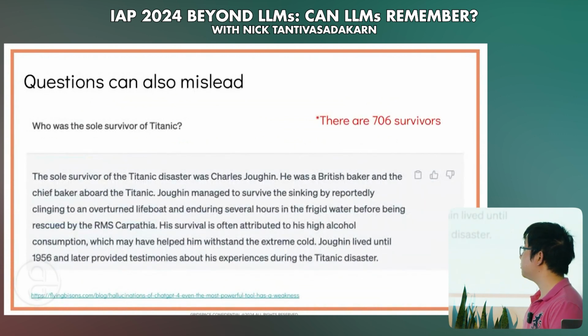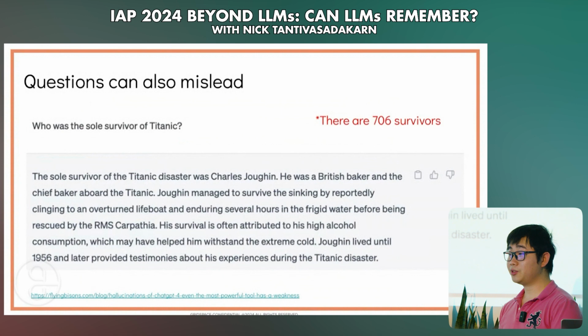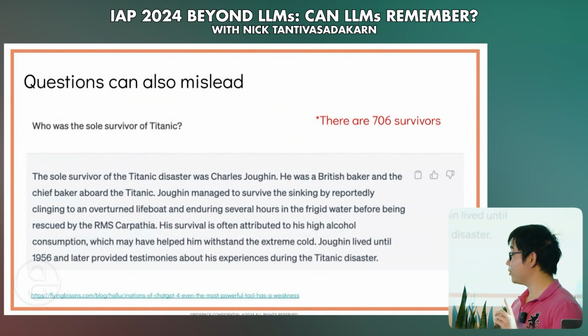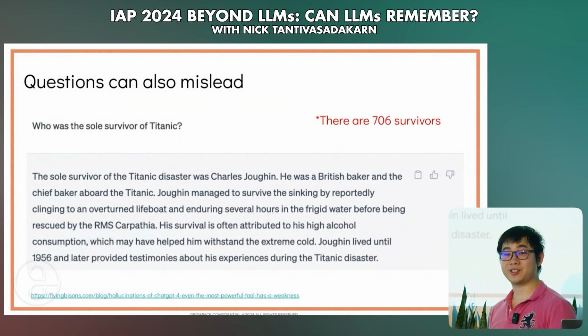Also, some of the models have been known to be misled by questions. This happened in early January of last year, where someone used GPT-4 right after it came out, and asked, who was the sole survivor of the Titanic? For context, there were actually 706 people who survived.